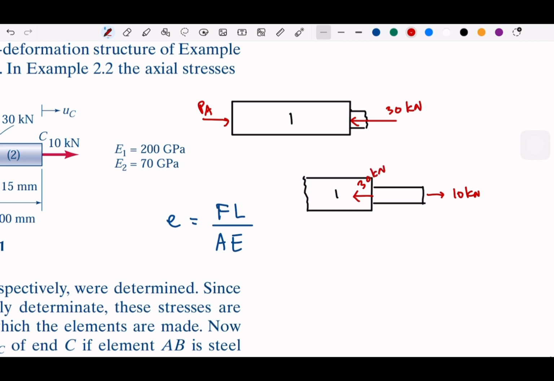And of course, from this part, we take the sum of Fx, and F1 will be 10 kilonewton minus 30 kilonewton, which is negative 20 kilonewton.